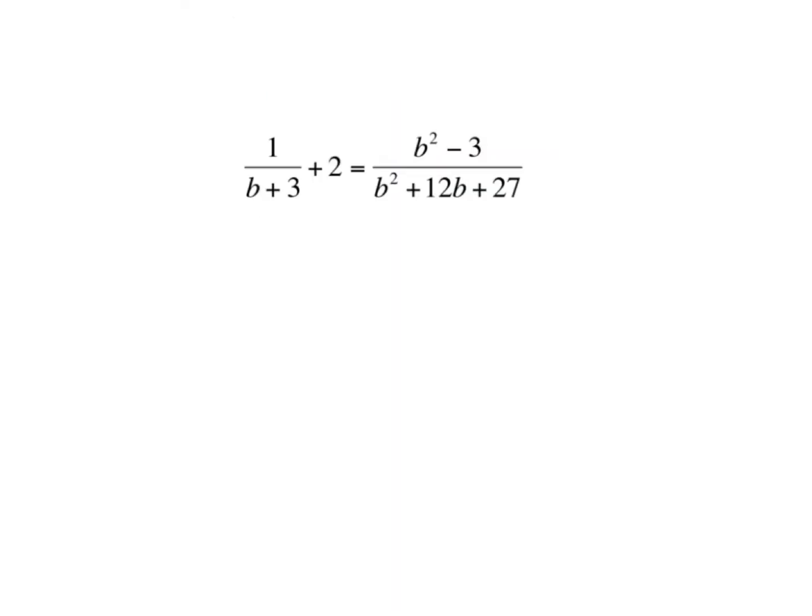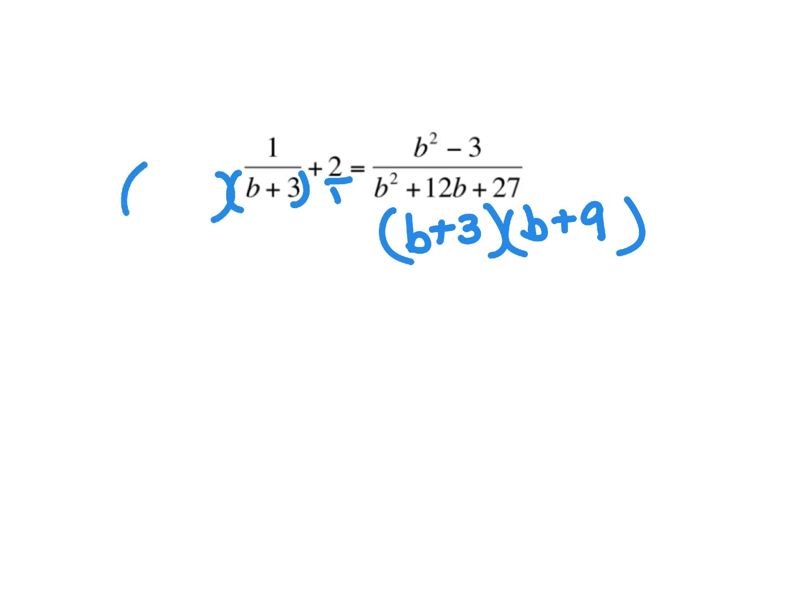And there's one more. Okay, so this one, oh yeah. Okay, so we have b plus 3, and then here we're going to factor this, and we would have b plus 3 and b plus 9. And then this fraction just only has a 1.